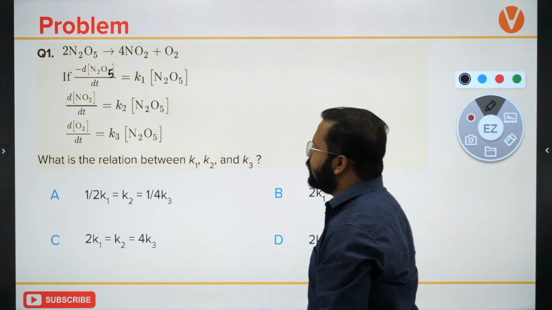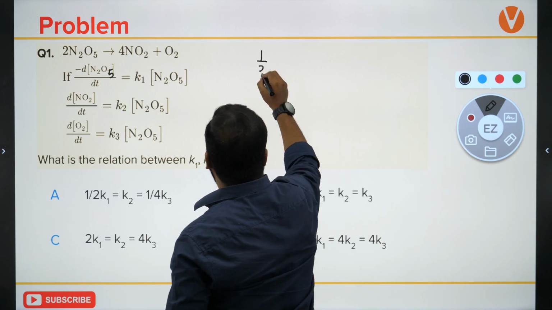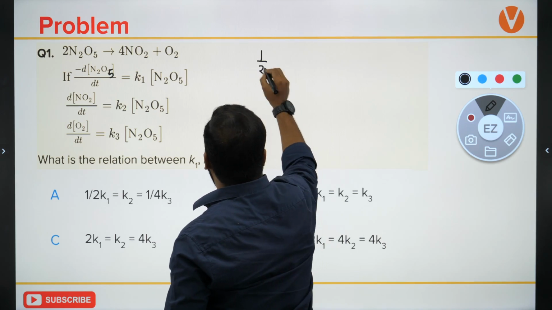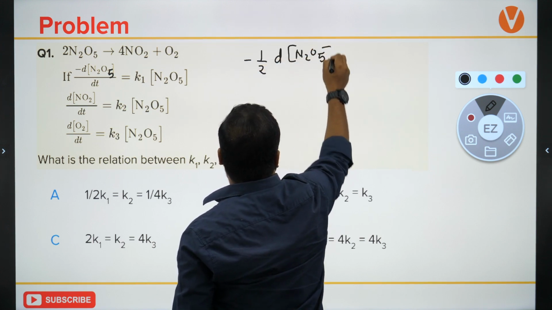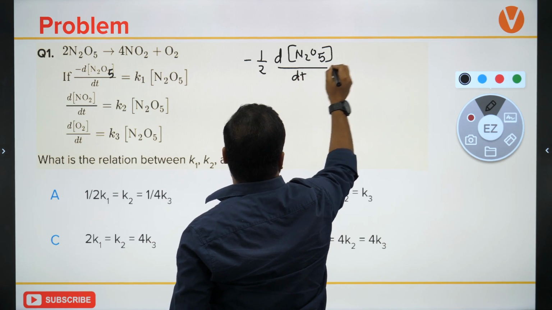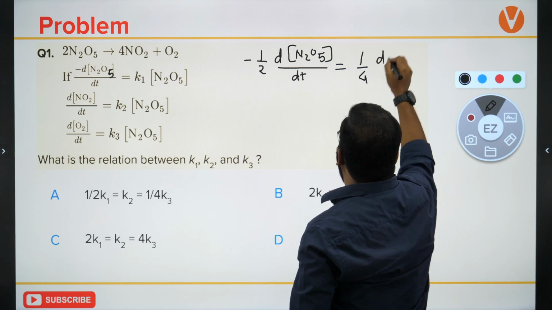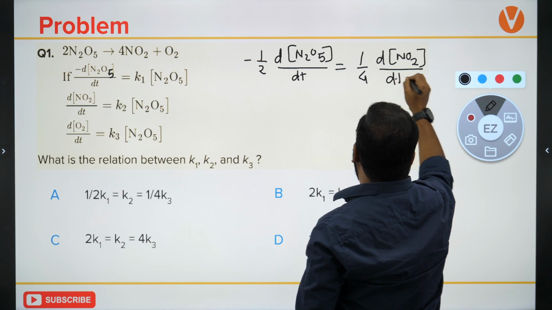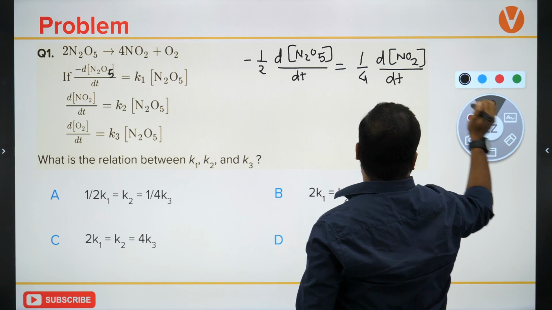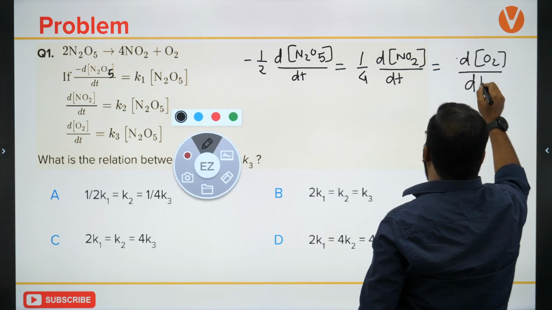कैसे हम solve करेंगे इसको? So for this reaction, can I write half minus half dN2O5 upon dt is equal to 1 by 4 dNO2 upon dt, which is equal to dO2 upon dt. लिख सकते हैं?